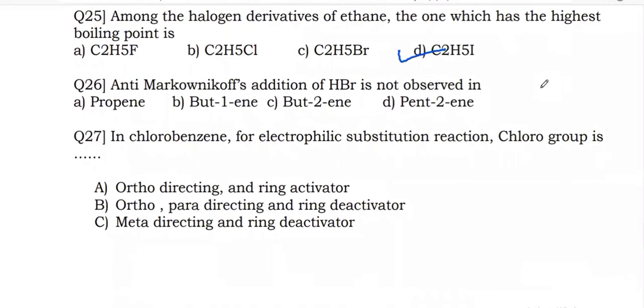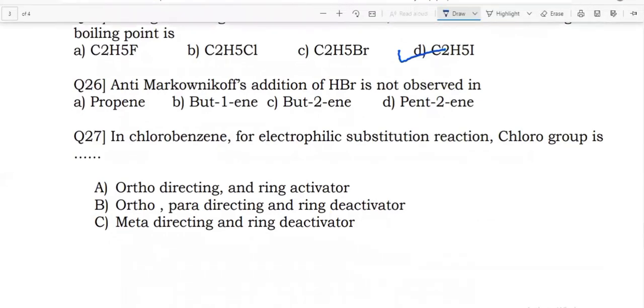Question number 26. Anti-Markovnikov addition of HBr is not observed in which alkene? It is observed for HBr and for unsymmetrical alkenes. Propene is unsymmetrical, 1-butene is also unsymmetrical, and 2-butene is a symmetrical alkene.